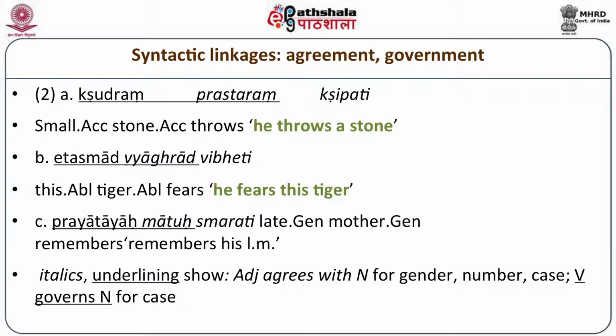He threw them at me, he fears them, he remembers them. You don't say he remembers there, you say he remembers them. But in Sanskrit you say he remembers there. That is why Sanskrit is different from English. It works differently. So it's important to see that a verb can govern objects with various cases. This is called governing. We here speak of the head, which is the verb, having a syntactic linkage with its dependents, here the nouns, through this mechanism of government.